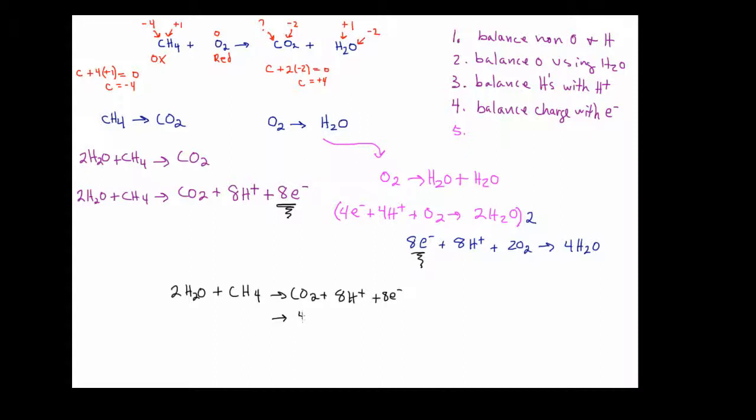And on this side I'm going to have 4 H2O. And on my other side I'm going to have my 8 electrons, my 8 H pluses, and my 2 O2s. I'm going to put a line here.